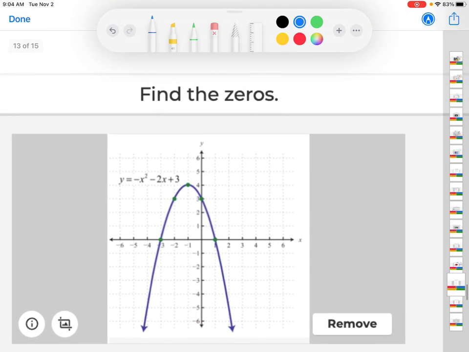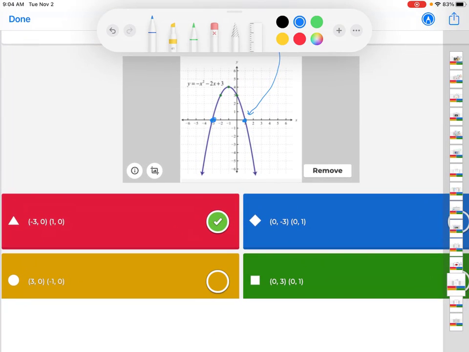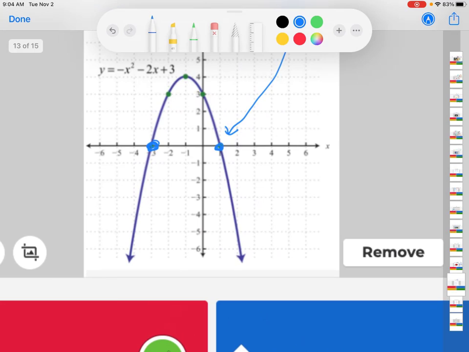All right, this one, remember, so 1 and -3. Now, those are ordered pairs, right? So you're on the x-axis, so that's 1 comma 0, and -3 comma 0.